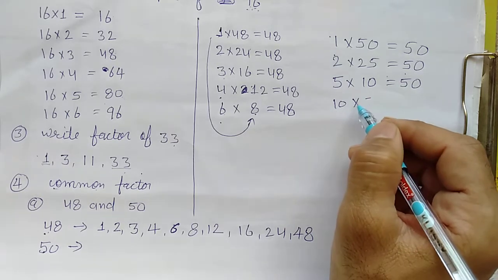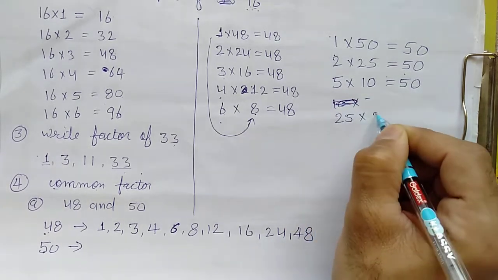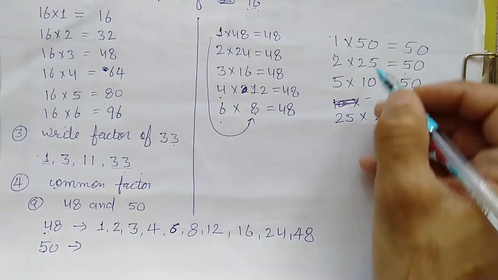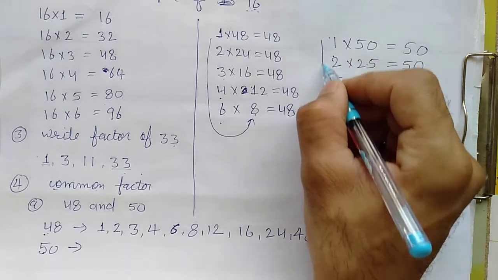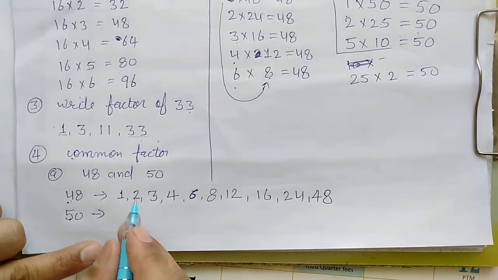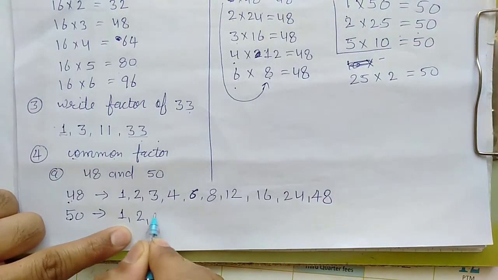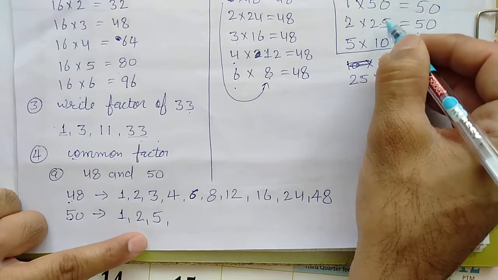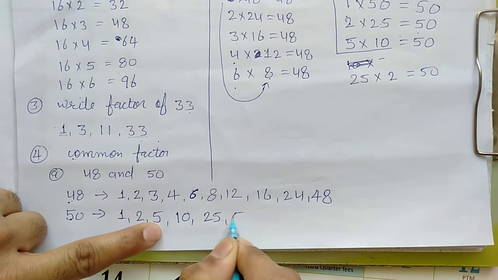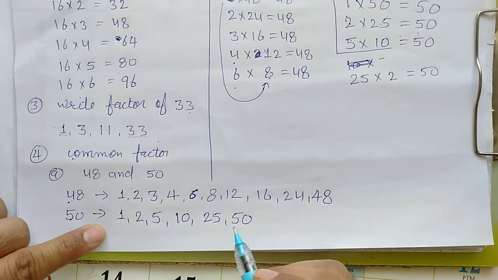After 10, 20 is not there. Then 25, 25 multiplied by 2 is equal to 50, but this one we have already written. So the factors of 50 are 1, 2, 5, 10, 25 and 50.